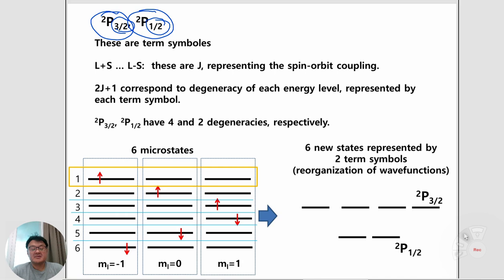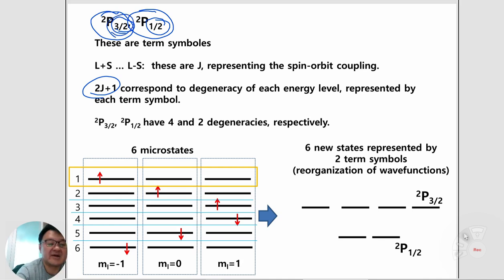So different spin-orbit couplings are represented by this J value, which can be found on the right side as a subscript of the term symbol. 2J plus 1 corresponds to the degeneracy of each energy level represented by the term symbol.